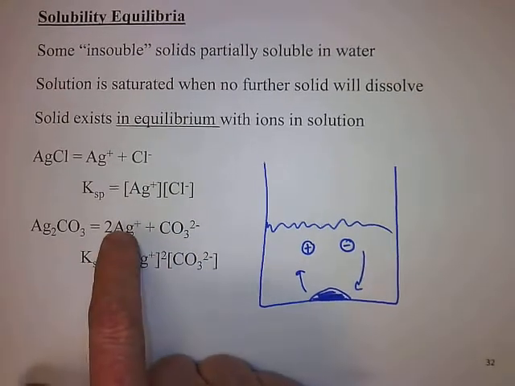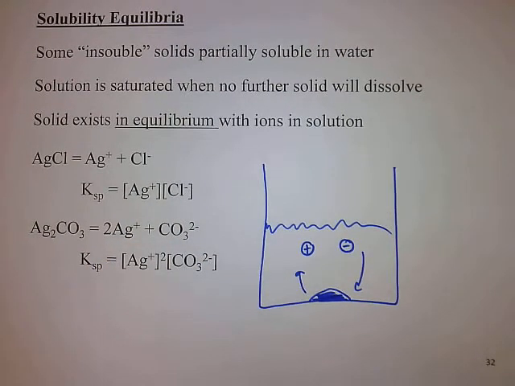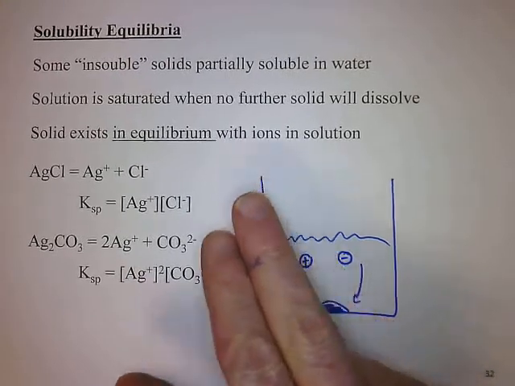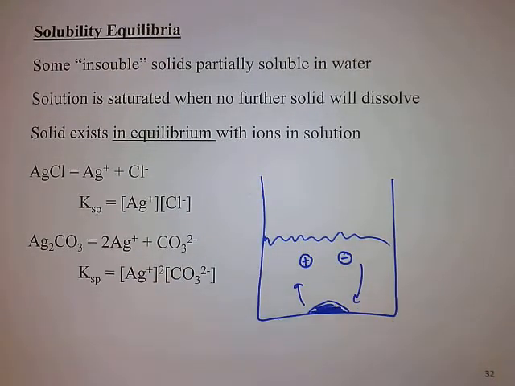So when it dissolves, you get twice as many silver ions as you do carbonate. And then when you write the equilibrium expression, your coefficients become the exponents. So that 2 here becomes a square here. So your solubility product constant is the concentration of silver ion squared times the concentration of carbonate. Okay, so that's basically what solubility equilibria is.